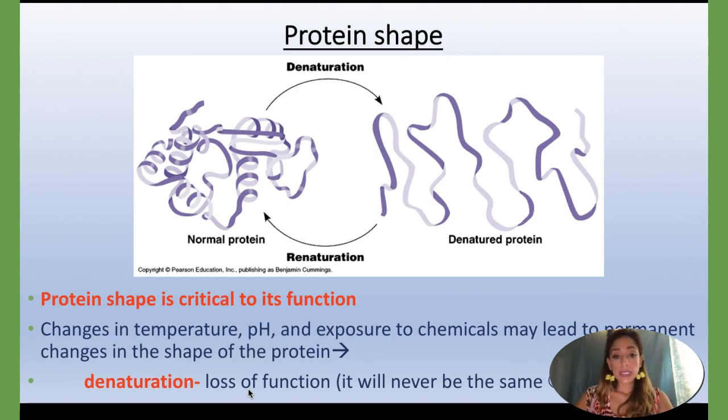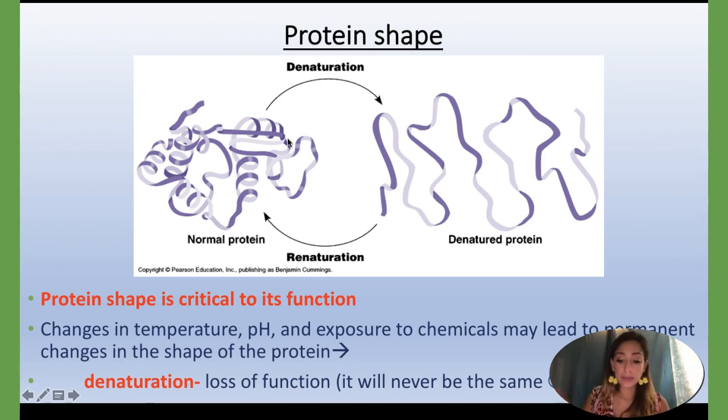And proteins have different structures. It's very, very important for proteins to maintain their structure for it to function correctly. Let's say for example this is the protein's normal structure. If it's denatured, that means it goes bleh.